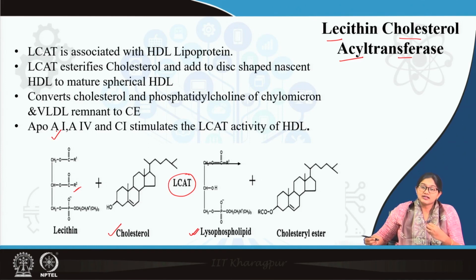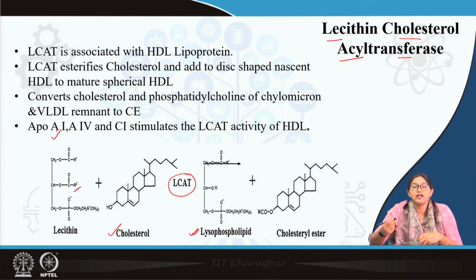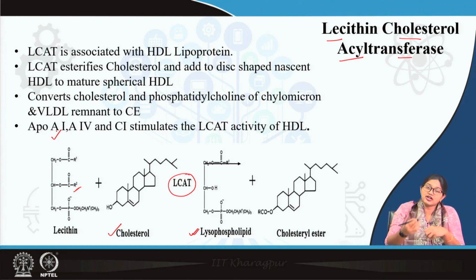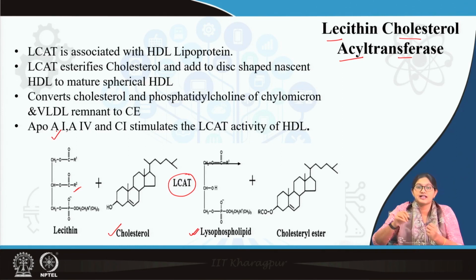Once this pre-beta HDL takes up cholesterol from extrahepatic tissues, LCAT is activated by ApoA1, and cholesterol is esterified to form cholesterol ester, which is more hydrophobic than cholesterol. So, it forms the hydrophobic core of nascent HDL, and nascent HDL is converted to the mature spherical HDL form.